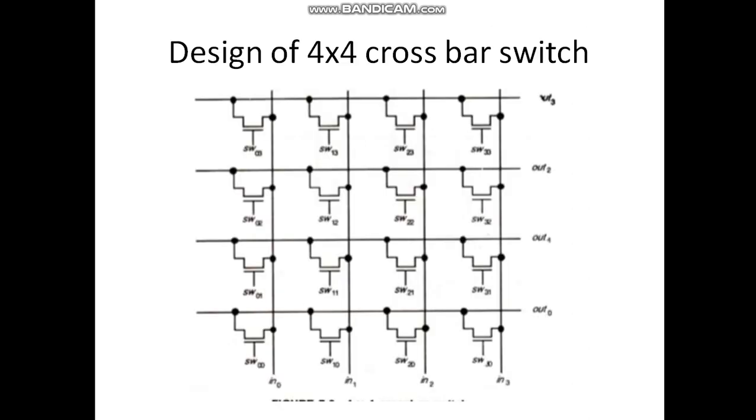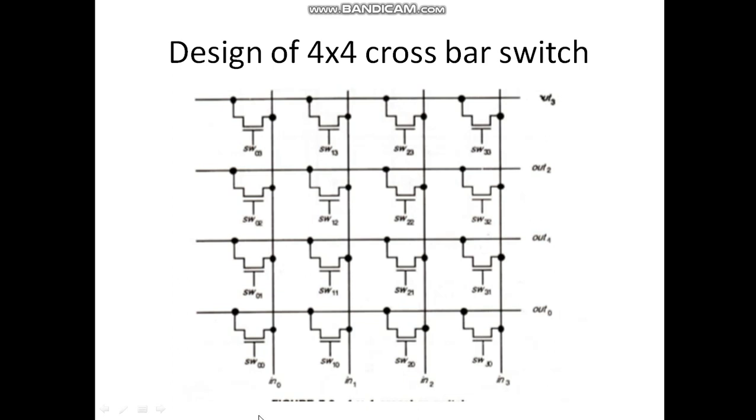Let us look into the design of a shifter. Here shifter is designed using a 4 cross 4 crossbar switch. Here these 4 vertical lines represent the input lines, and these 4 horizontal lines represent the output lines.